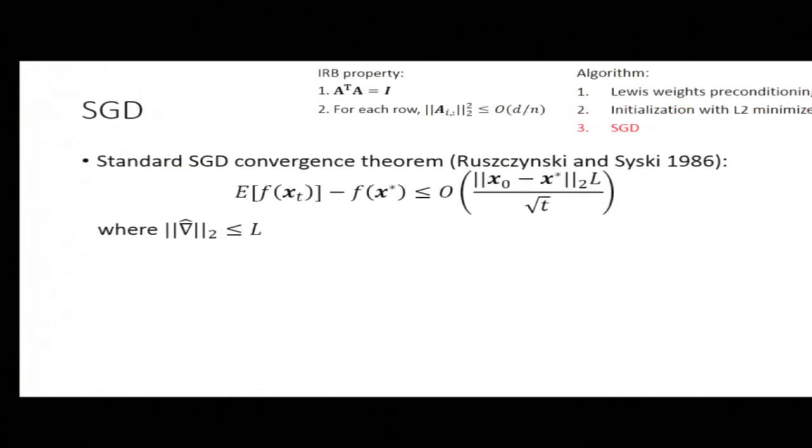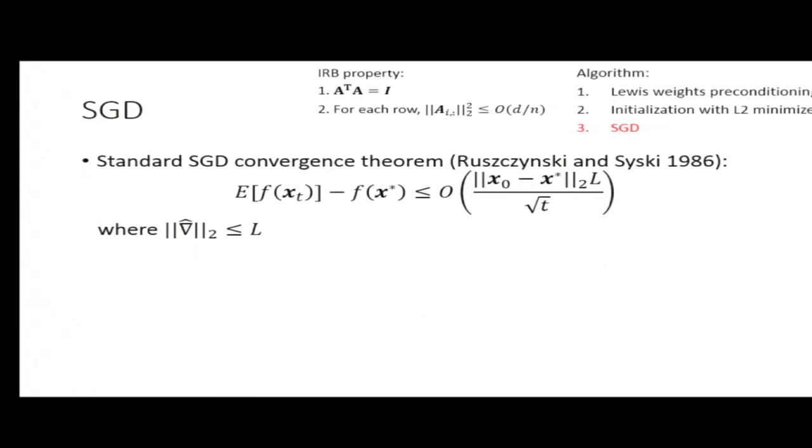Then using that, you're just going to plug it into stochastic gradient descent. So here's a standard stochastic gradient descent convergence. The expected optimality gap you get is bounded by the initial distance of your iterate to the optimal iterate, times an upper bound on the stochastic gradients, divided by the square root of the number of iterations.